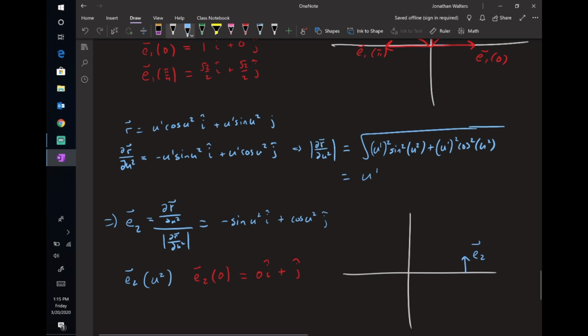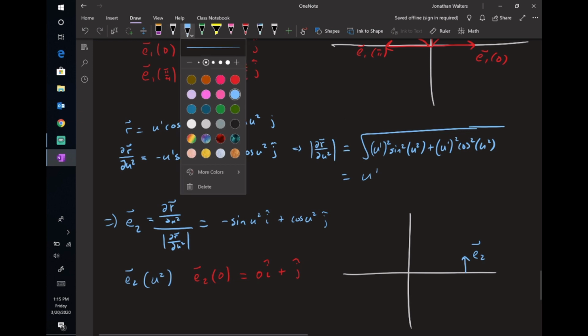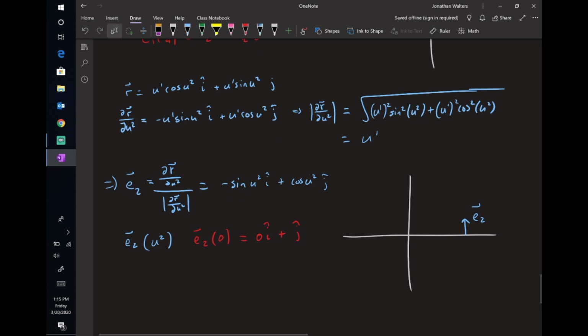What about E2 of pi over 4? E2 of pi over 4 is equal to negative square root of 2 over 2 i plus square root of 2 over 2 j. So it points negative square root of 2 over 2 i, positive square root of 2 over 2 j. So that's E2 of pi over 4.